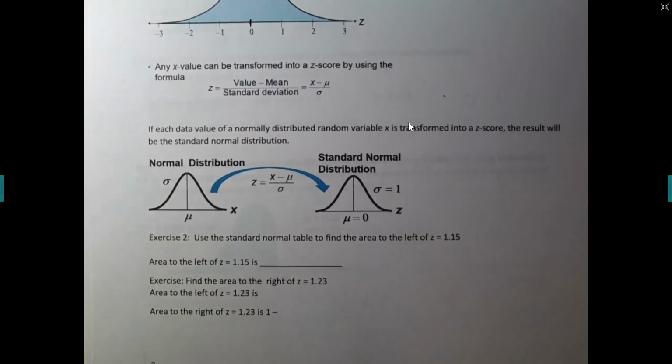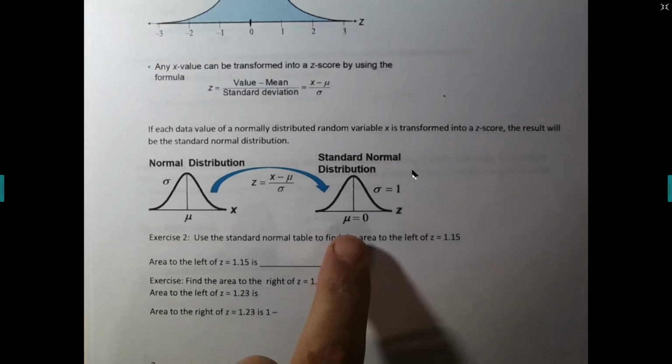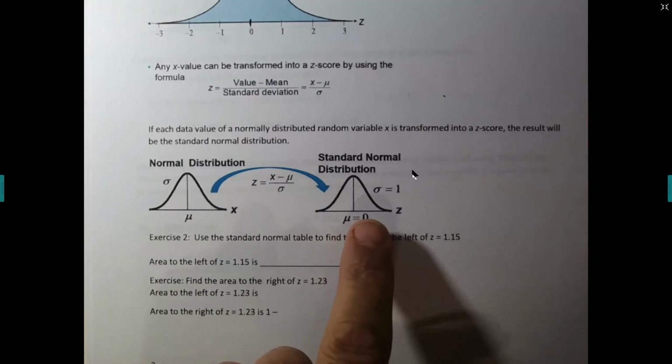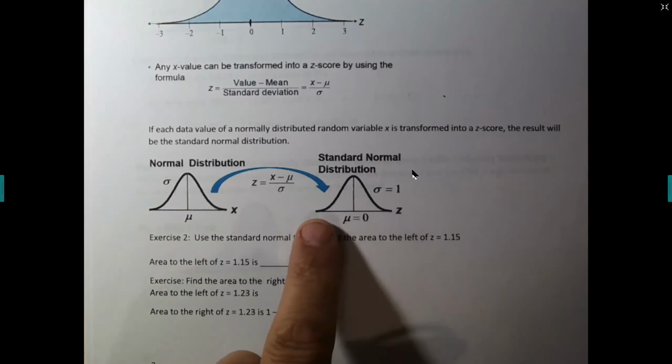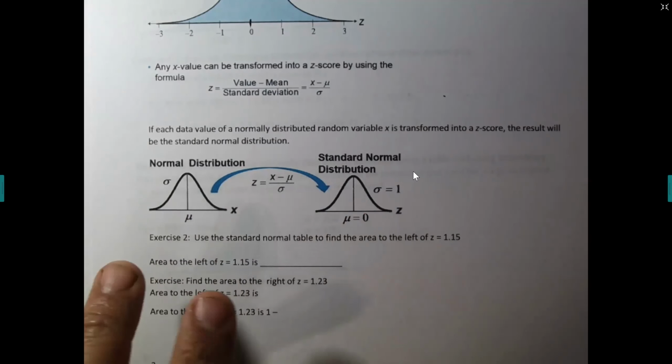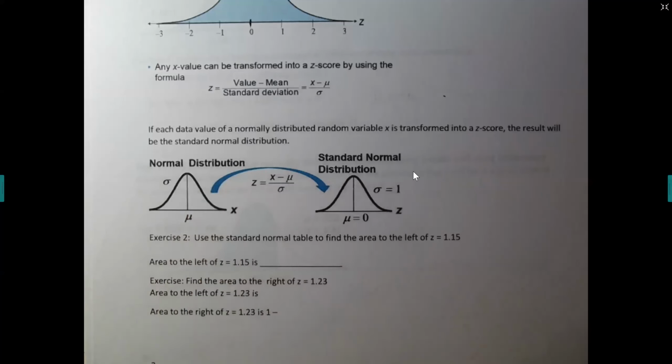Okay, so now we know what a standard normal curve is. The mean is 0 and the standard deviation is 1, and you count 0, 1, 2, 3, 0, -1, -2, -3. They represent the same thing, but they just look different on the horizontal axis.